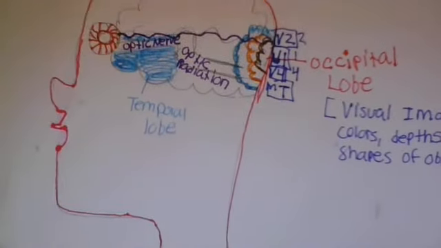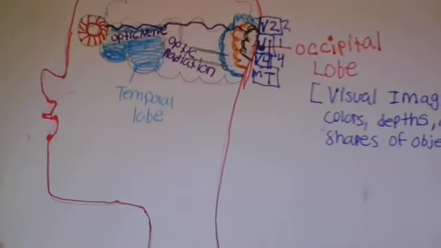So you got your axon, your terminal axon, and then some more dendrites. Basically, that creates a bundle of axons. So those bundles of axons travel from the optic nerve to the optic disc.